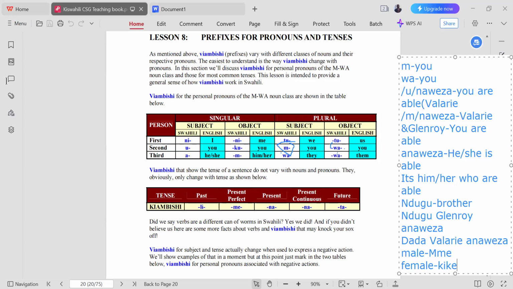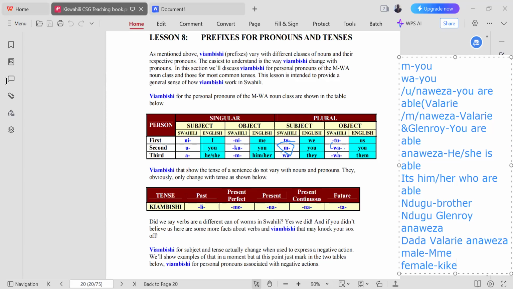For example, you cannot say a female sister. That would be like repeating yourself. So how can you say Valerie is female? Valerie ni mke.